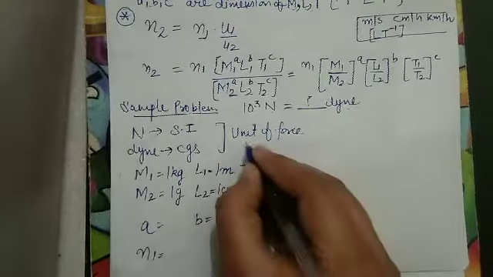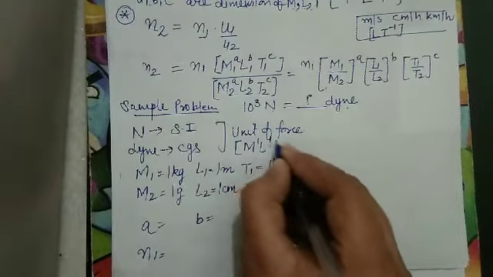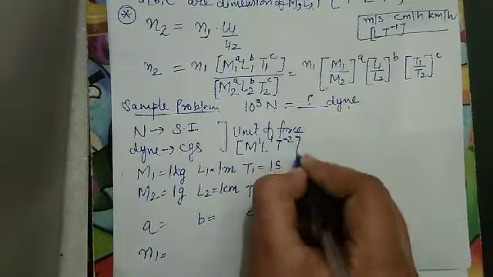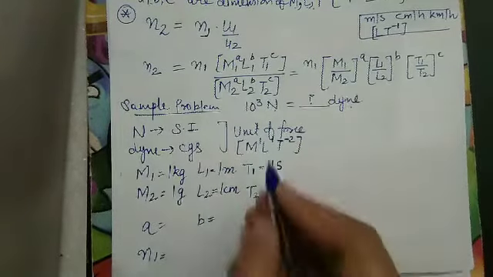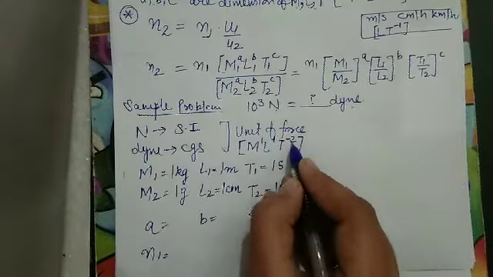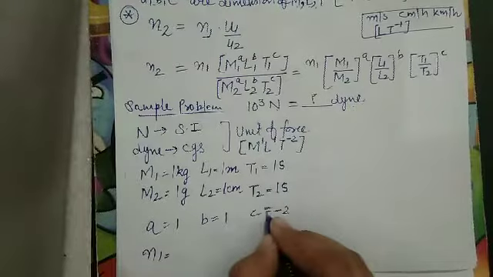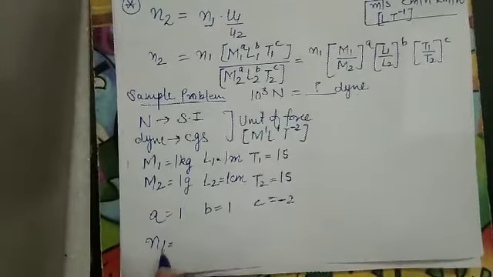What is the dimensional formula of force? That is M1 L1 T minus 2. So the dimensional formula of force has A equals 1, B equals 1, C equals minus 2. Okay. What is the number in the first one?